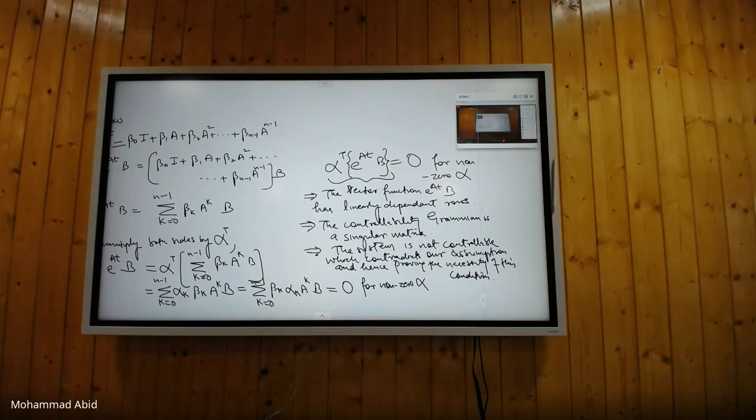So it is a singular matrix, or not a full rank matrix. ये जो controllability gramian है वो singular matrix है, and as you know, for a system to be controllable, the controllability gramian must be a non-singular matrix. Now, since it's coming out to be a singular matrix, the system is not controllable, which contradicts our assumption and hence proves the necessity of this condition.